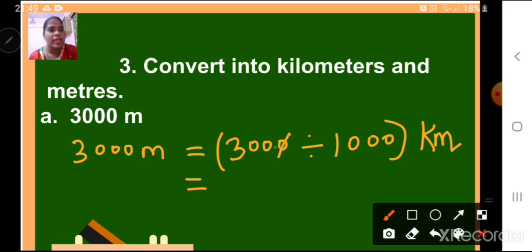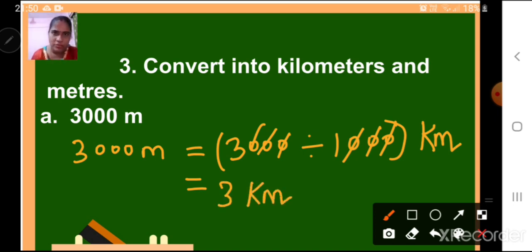Here see, cancel 10 here, 10 here, 10 here, 10 this side and 10 on the other side. So what is remaining? 3 divided by 1. So the answer will be 3 itself. Correct? So it is 3 kilometer. Or if you divide also 3000 divided by 1000, then also you will get the answer as 3. Correct?